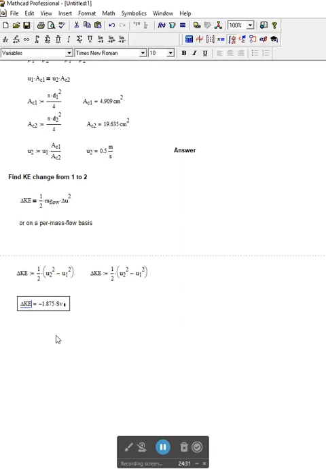And this is one of the kind of historical things about MathCAD. MathCAD was originally developed for electrical engineering applications. And the sievert is an energy unit that, for some reason, electrical engineers use.